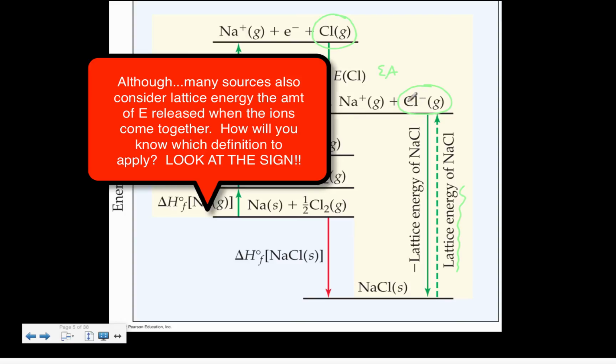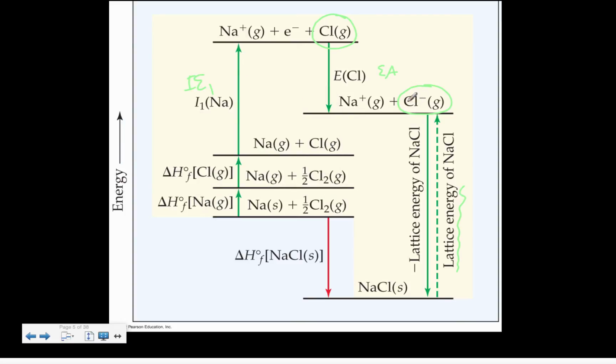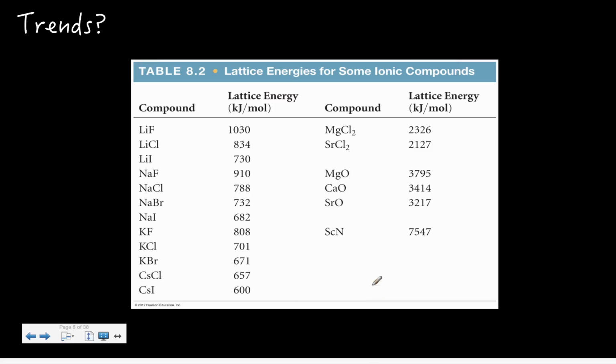The stronger the attraction, the more attracted those ions are to each other, the greater the lattice energy. From the flip side, if I take those gaseous ions and turn them into a solid, that's how much energy I release. All right, fantastic.